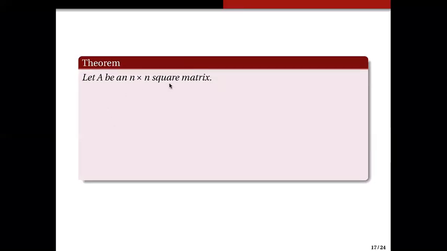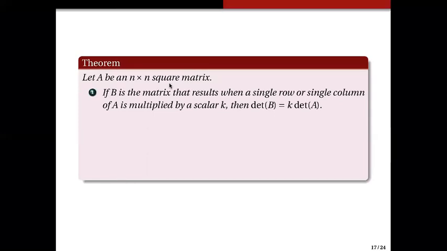Let A be an n by n square matrix. Now, if B is the matrix that results when a single row or a single column of A is multiplied by scalar k, then the determinant of B equals k times the determinant of A. Okay, so it seems that the matrix B is almost the same as the matrix A except for a single row or a single column which is multiplied by k.